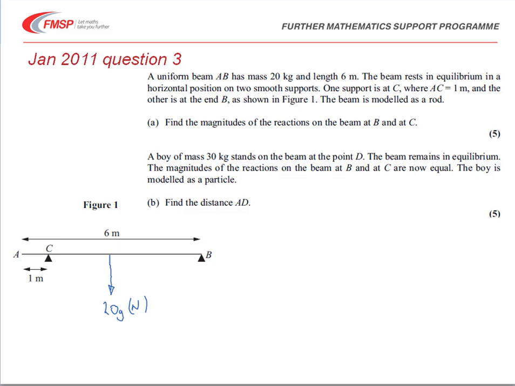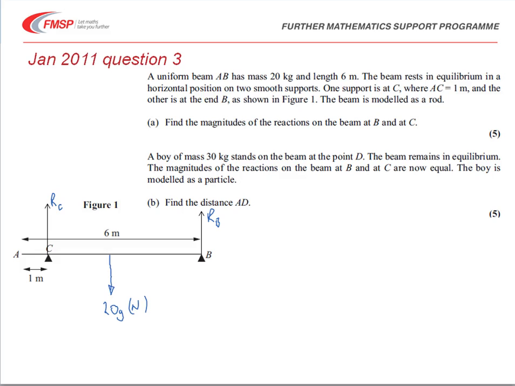So we will have two reactions acting vertically, one at C and one at B. Just for convenience, let's call this one R subscript C and this one R subscript B. The second part of the question adds in another mass, a buoy of mass 30 kilograms at some point, with the beam remaining in equilibrium.